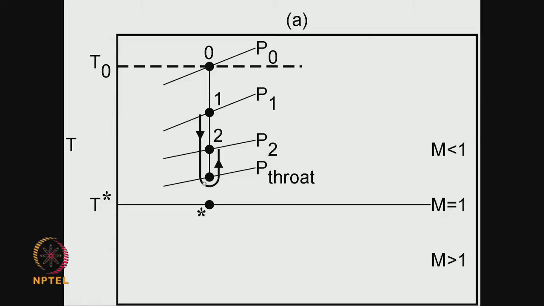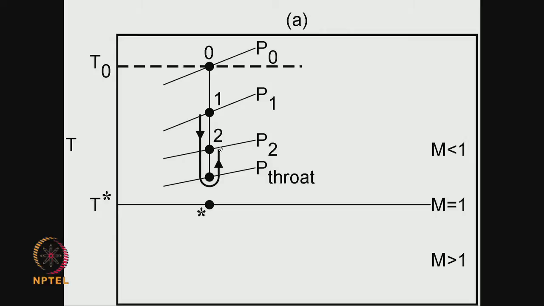So, it accelerates up to a certain value of Mach number, which is also not equal to the sonic Mach number, and then once it enters the divergent portion, because the flow is still subsonic, the flow decelerates and reaches the exit pressure P2.